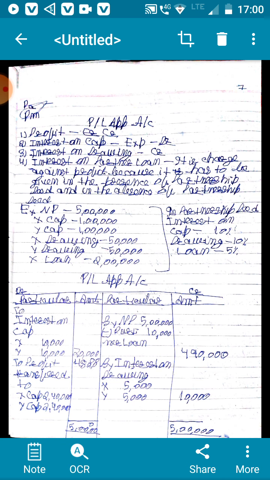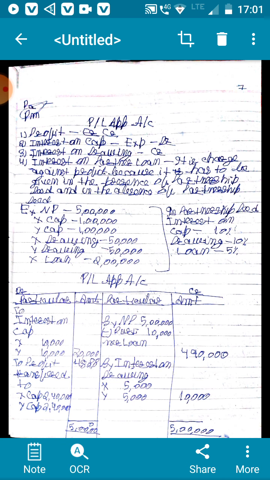Because if there is any profit and we have to pay, it means it is an appropriation of profit. But interest on capital is that thing that, if there is no profit and there is a loss, then also we have to pay interest on capital.